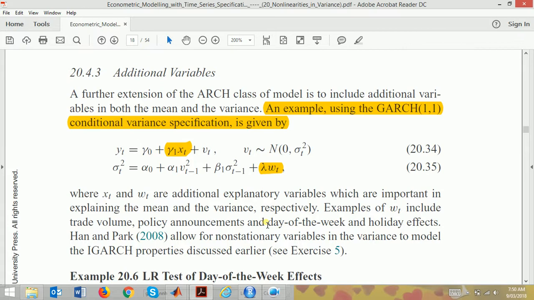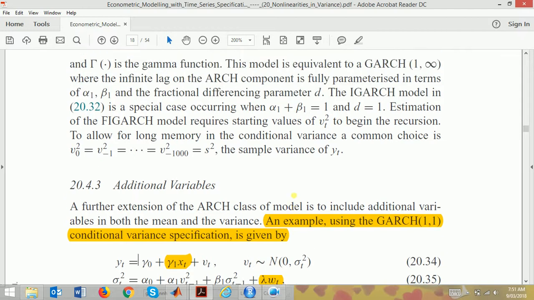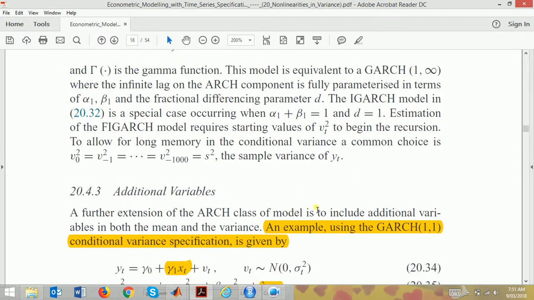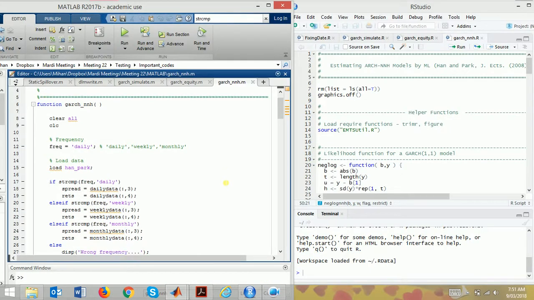How quickly the shocks will adjust, or how long the shocks will last. However, if there is a policy announcement, which is a shock, or a day of the week or a holiday effect on our variances, how will that be sustained in the variable of interest? And FIGARCH, as an additional variable, will help us generalize our IGARCH, and that is what we are going to do here.